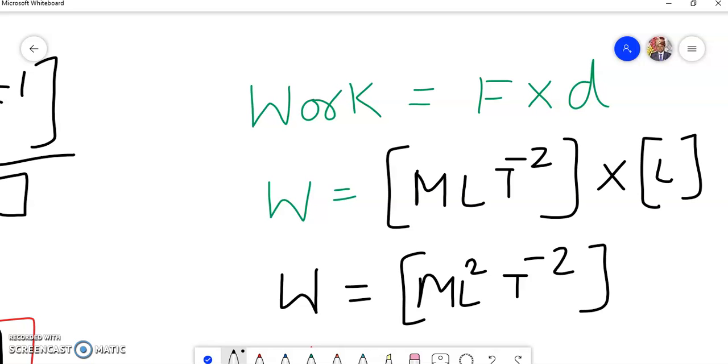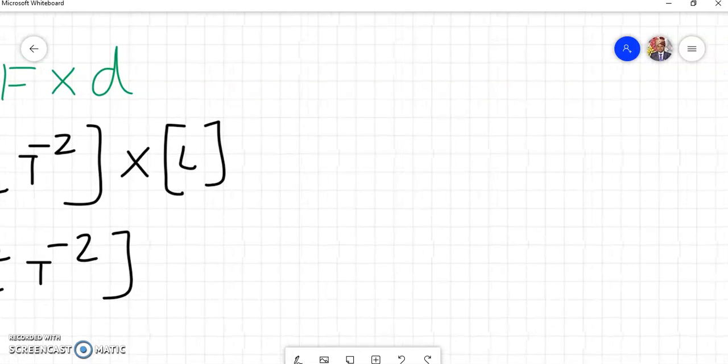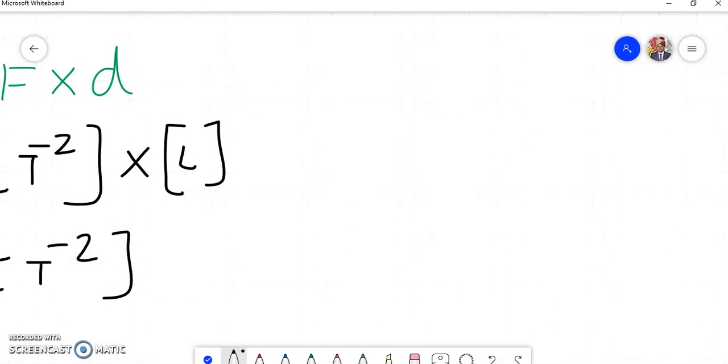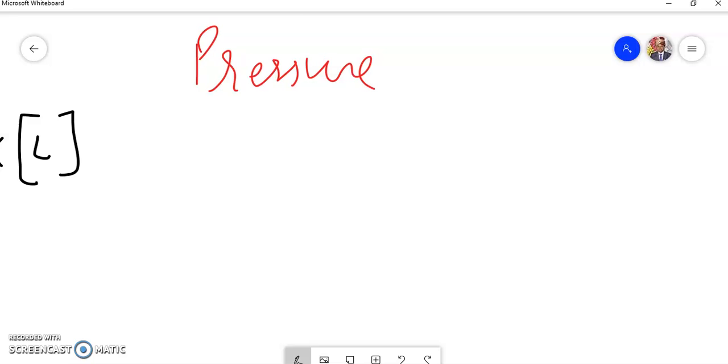Let us see one more quantity. Pressure. Pressure is equal to what? Can you help me with pressure? Pressure is force upon area.